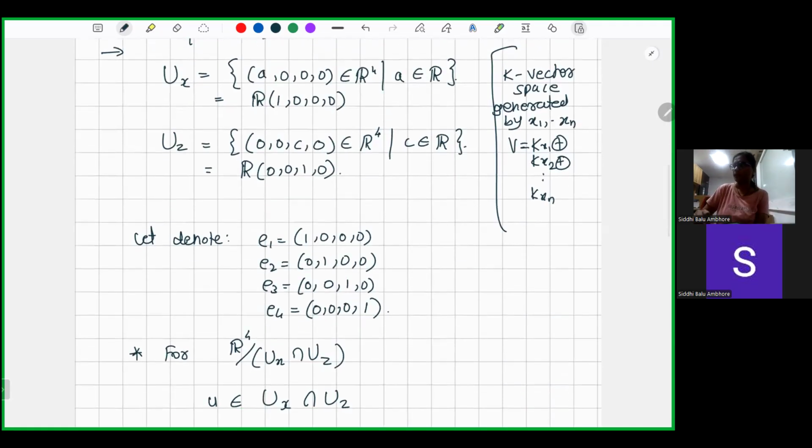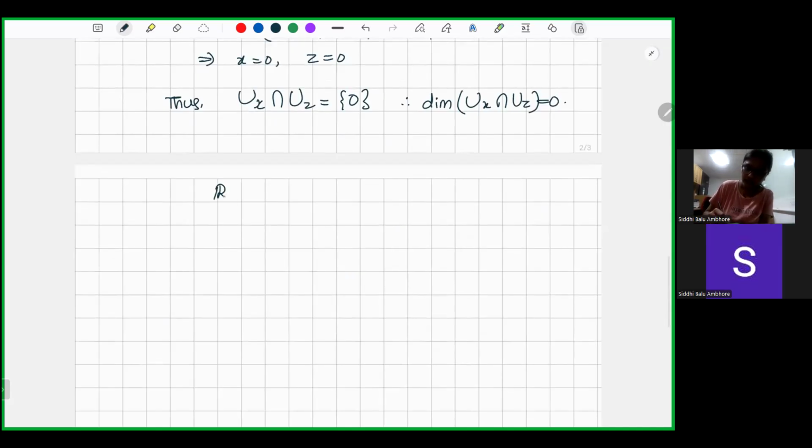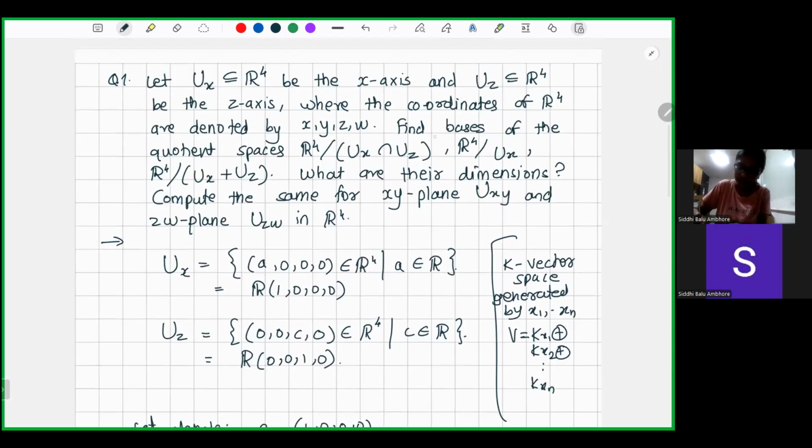Therefore, R4 quotiented by UX intersection UZ will be just isomorphic to R4. We have to find the basis and dimension, and also find that for the XY plane and ZW plane.